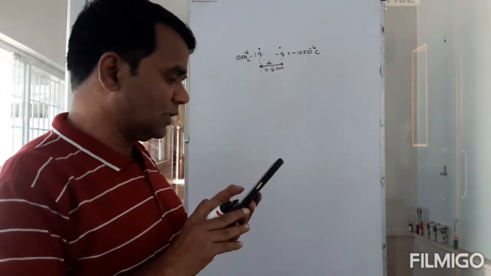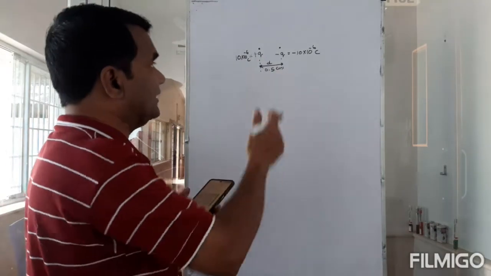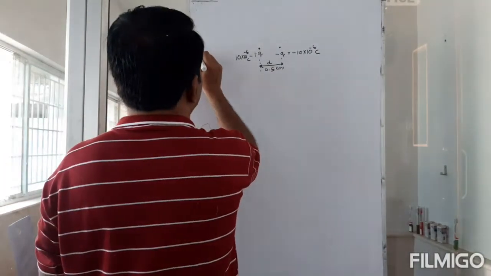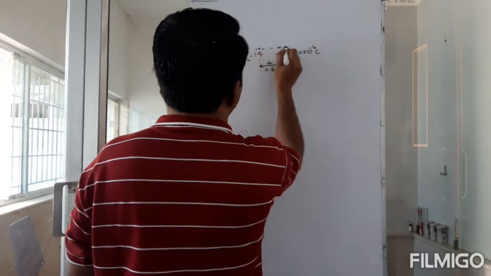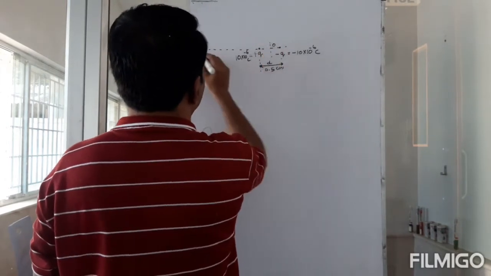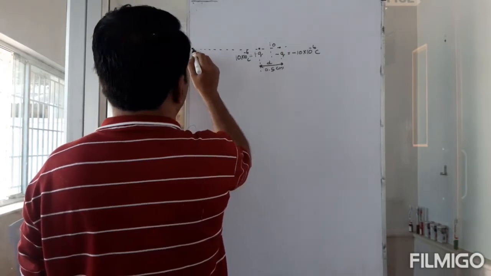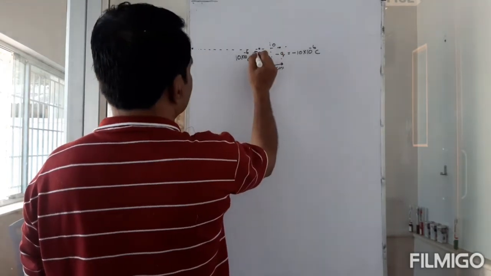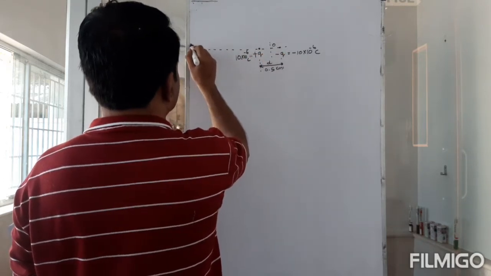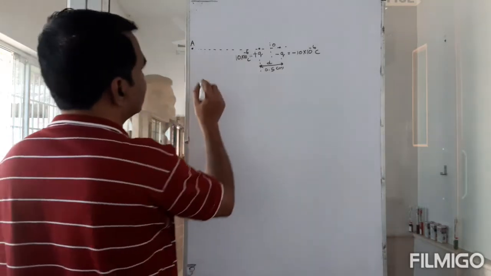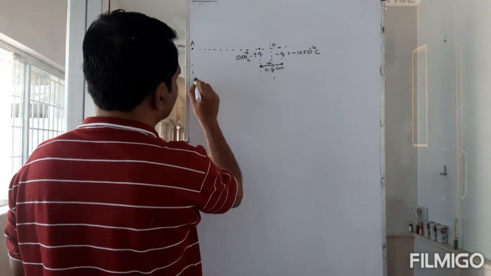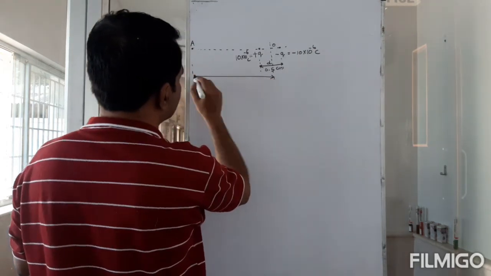Then they want you to find the value of E at a point which is 15 centimeters from the center of this dipole O, on the side of the positive charge. Let's say this is A. This is what you need to find. So from the center, this distance is 15 centimeters.